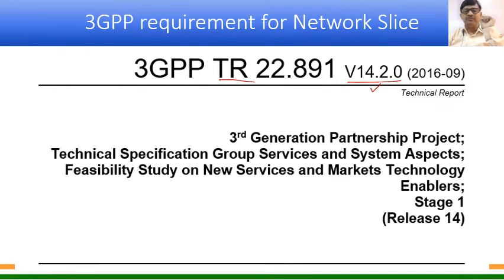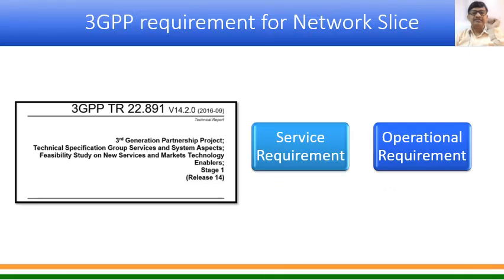In this document, which was released in 2016 itself, they gave two kinds of requirements for a network slice. One is the service requirement, the other is the operational requirement. Based on these requirements, further specifications have evolved. So let us look at the service requirements and operational requirements.